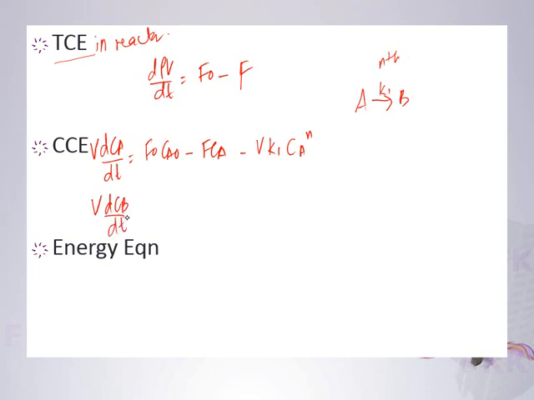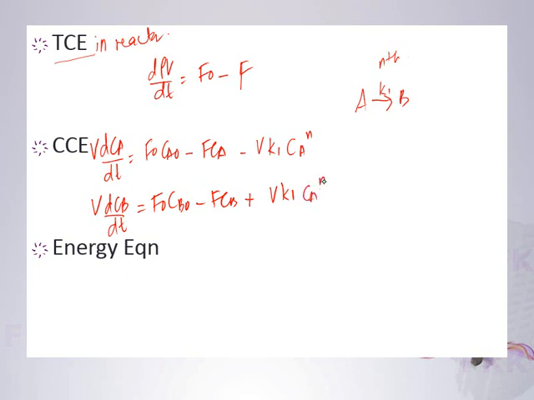In this case, we don't say whether the volume is constant or not. So if the volume is not constant, then you have to treat it accordingly. So dCB on dt is equals to F naught CB naught minus F CB plus V K1 CA^n.